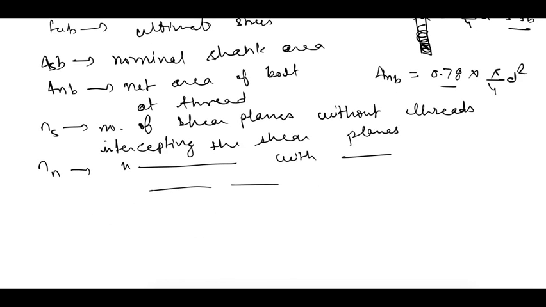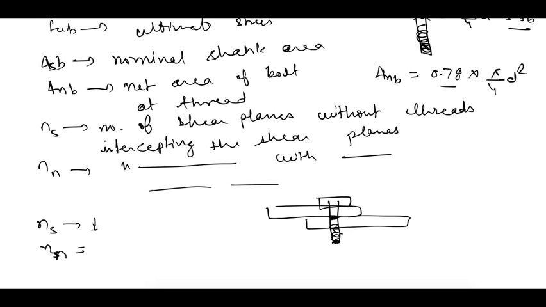So that means that if we have a lap joint, normally at this point it will be the shank and the root area will be somewhere here, so the thread does not intercept the shear plane. In this case ns would be 1 and nn would be 0.